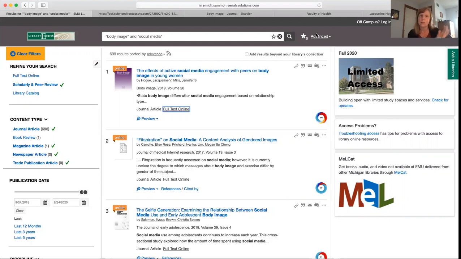So a scholarly article or a peer-reviewed article is one that usually has a few standard characteristics. Usually the author or authors are experts in a specific discipline or subject area.